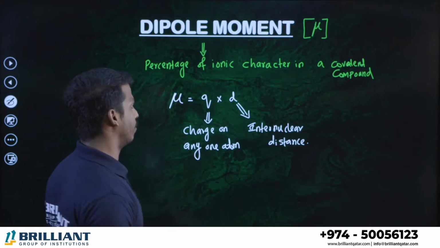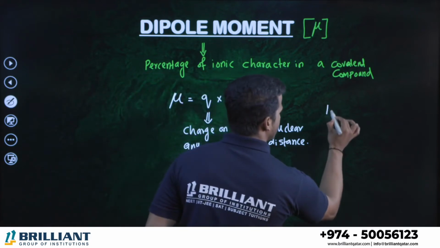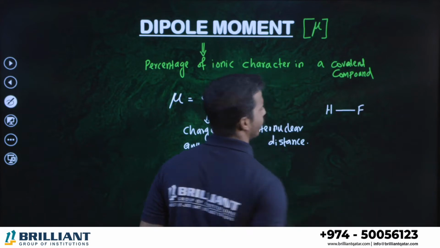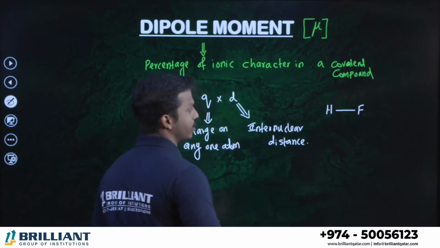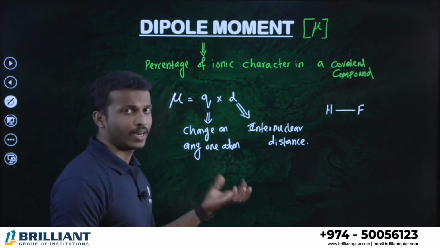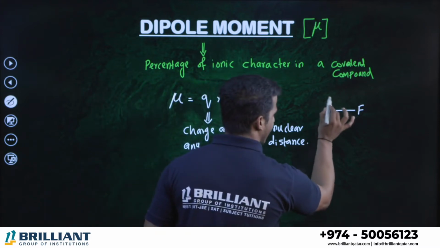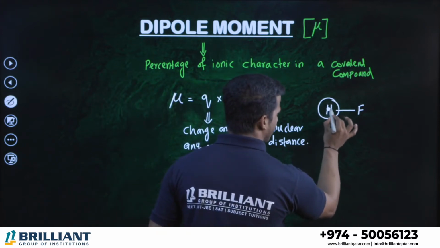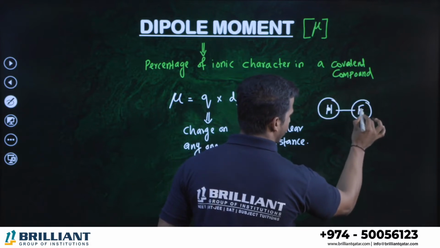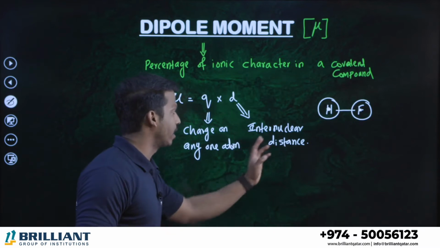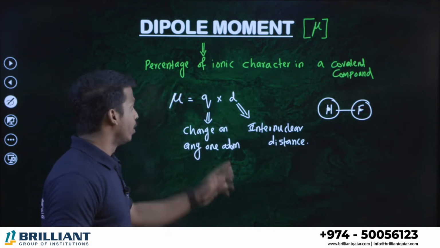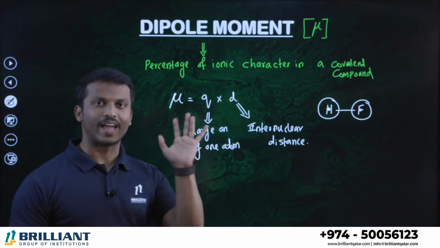For example, you consider HF. When you consider the HF molecule, hydrogen is an atom so the nucleus will be there, and fluorine is an atom, the nucleus will be there. Their distance is called the internuclear distance, that is called D. Q represents the charge on an atom.